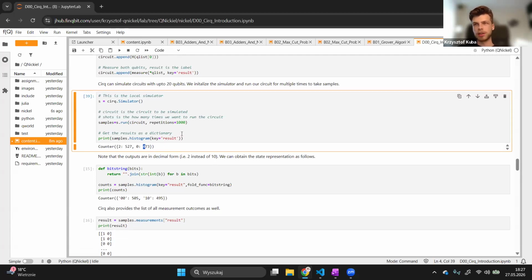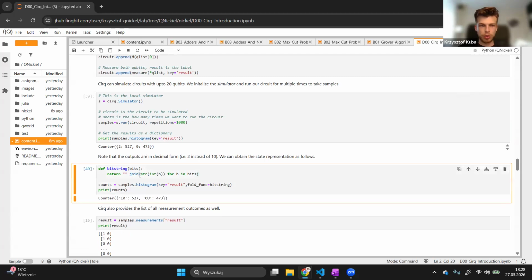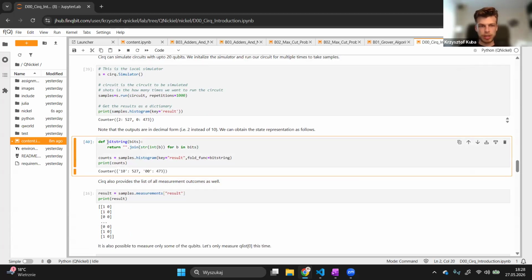This is a bit different from Qiskit, where you have 0 and 1 strings. But now here we have the decimal representation of the binary string. And we can convert this to a binary string using this function. And as you can see, now you have the measurement counts.